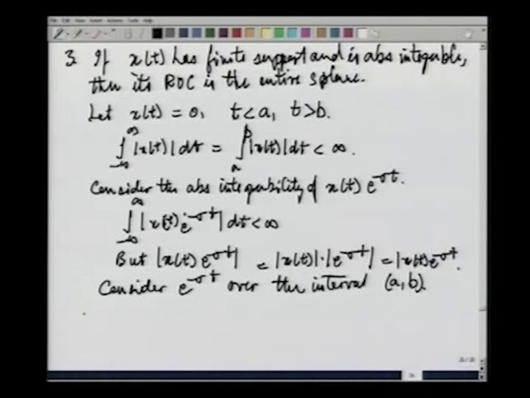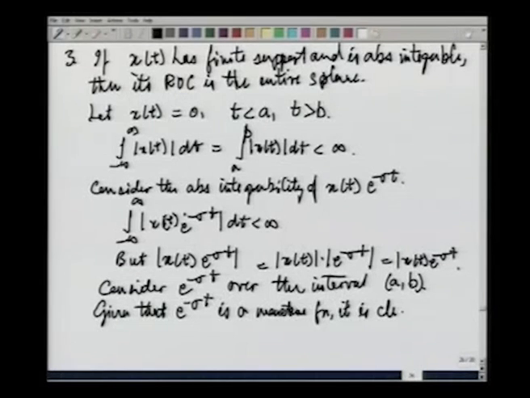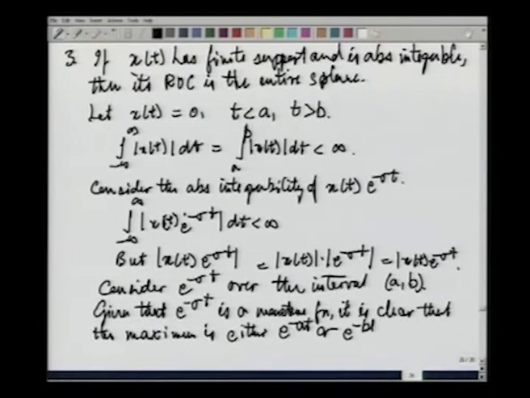Given that these are monotone functions, that is, it either increases monotonically or decreases monotonically depending upon the value of sigma, it is clear that the maximum is either e to the minus sigma a or e to the minus sigma b.